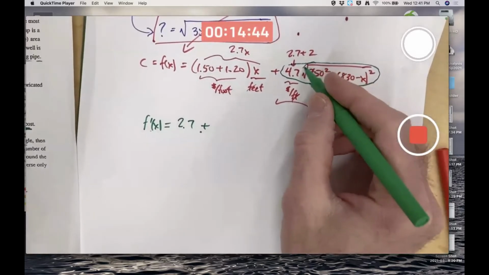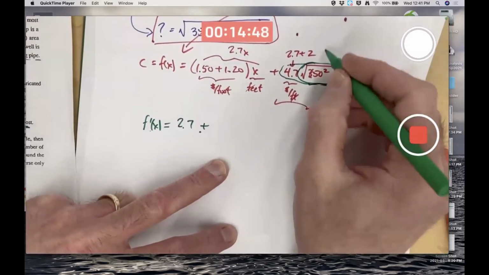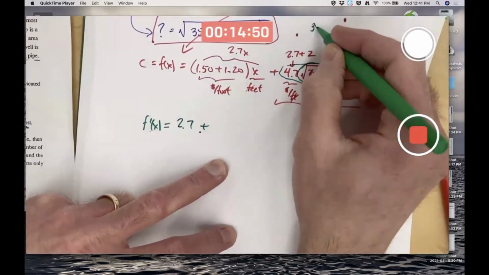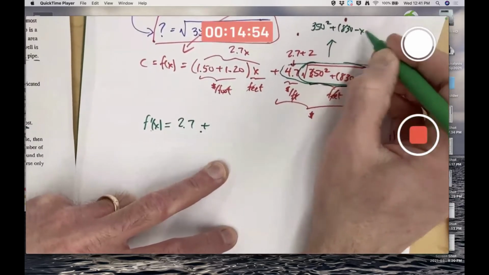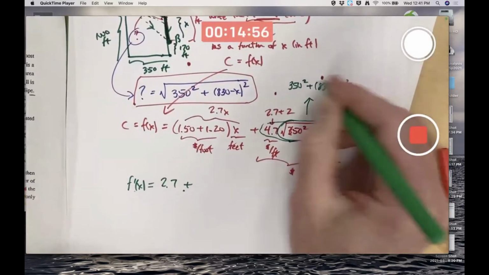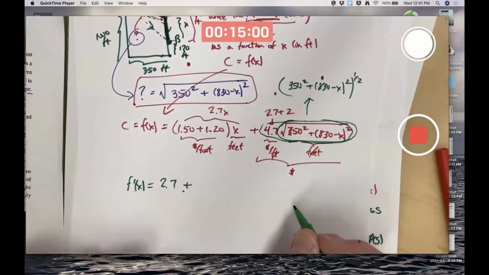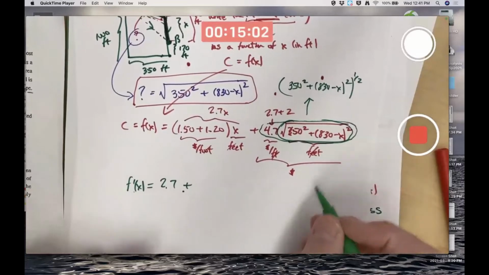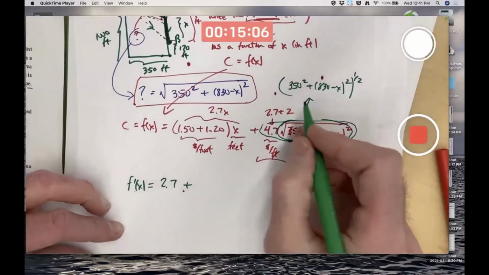Think of the square root as a 1/2 power. Think of this entire thing right here as 350 squared plus 830 minus x quantity squared, all to the 1/2 power. So the outside function is the square root function raising to the 1/2 power, and the inside function is this thing.